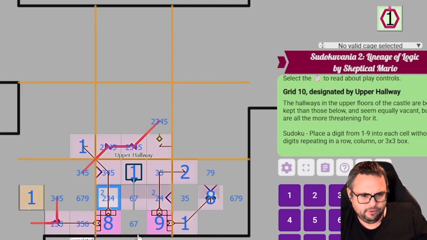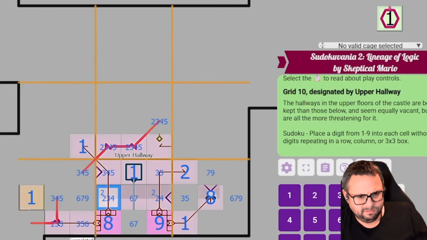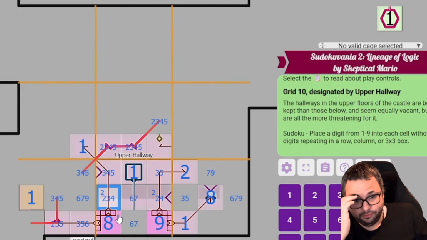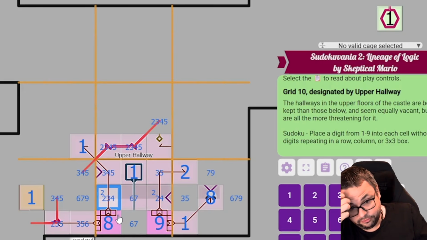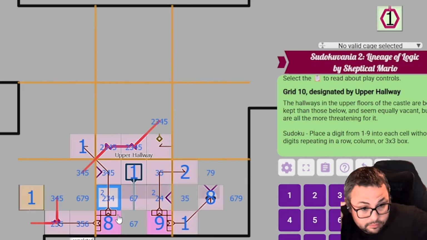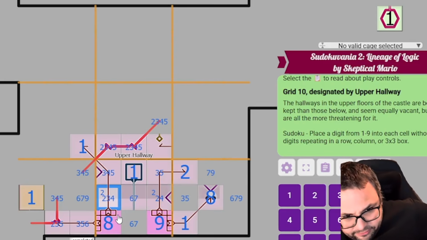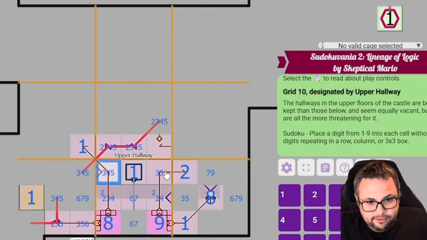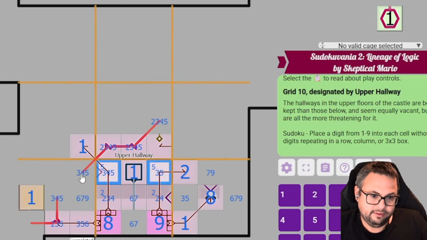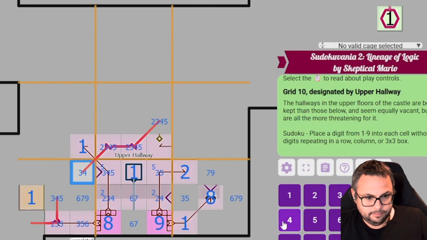It's not super helpful immediately. Yeah, so one side is 3, 4, and one side is 2, 5. I just don't know which is which. Oh, I guess that has told me the 5 is up here, right? So that's never a 5 anymore.